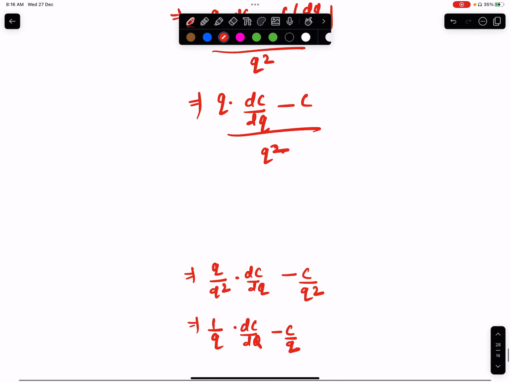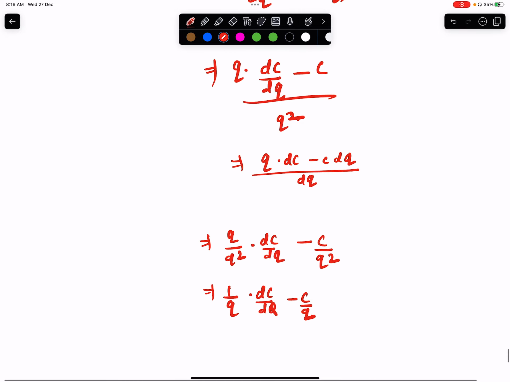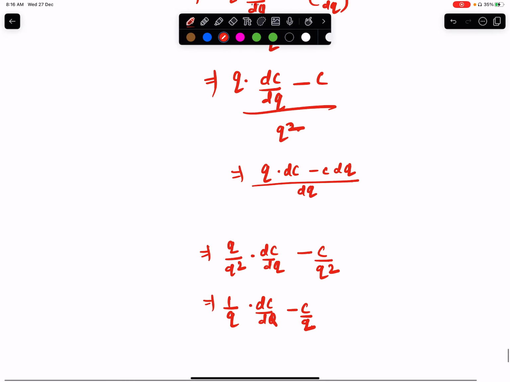So we will write it as Q into, we will take dq as LCM, Q into dc minus C dq. We can write it like this. Wait, one minute.